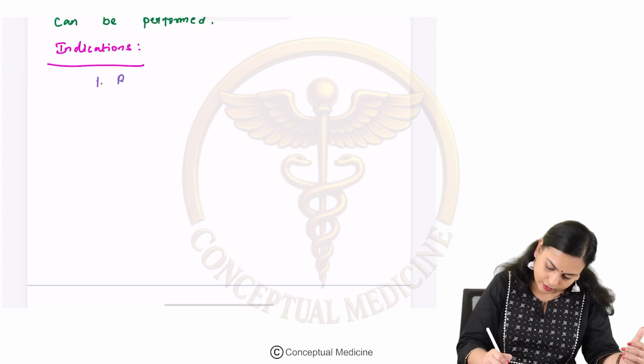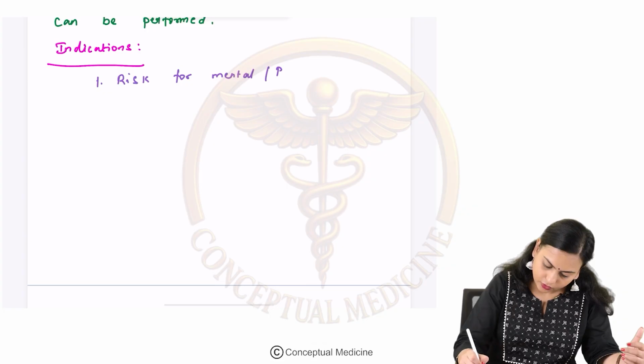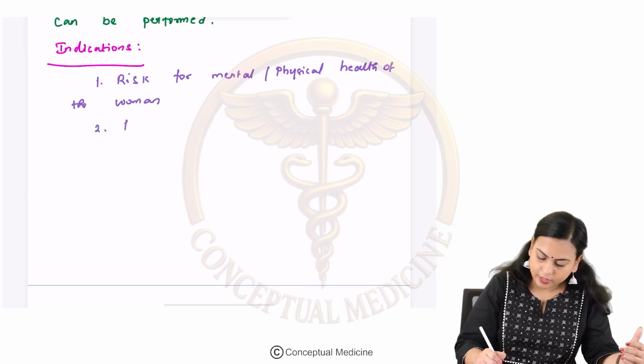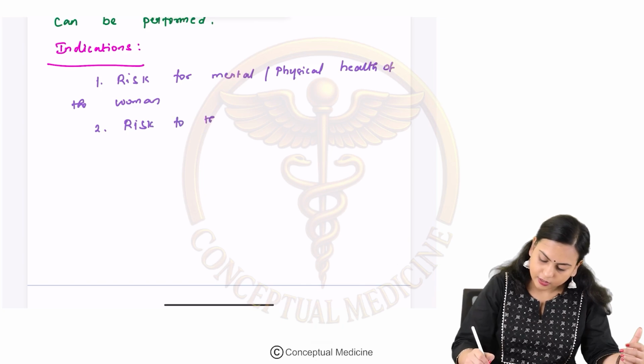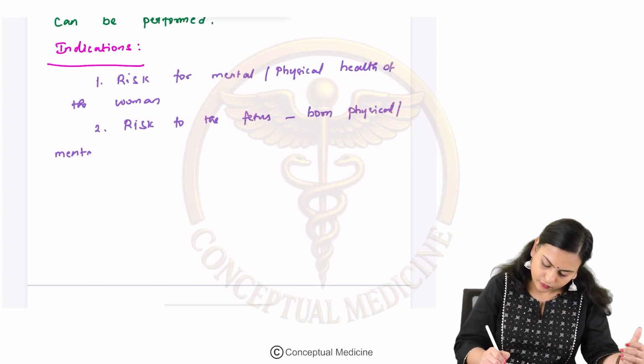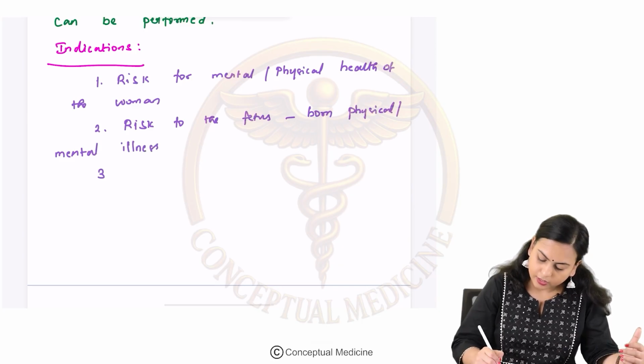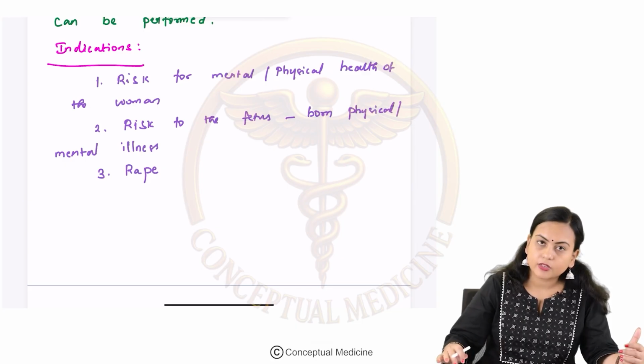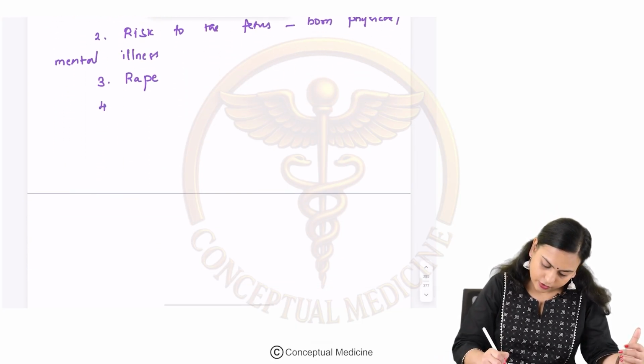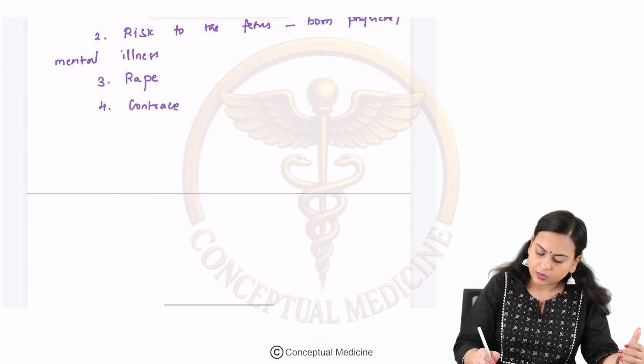Whenever there is a risk to the mental or physical health of the woman, when there is a risk to the fetus, that is the child is born physically or mentally ill, then when the pregnancy arises out of rape or there is a contraceptive failure.